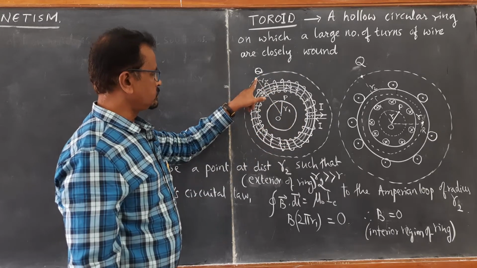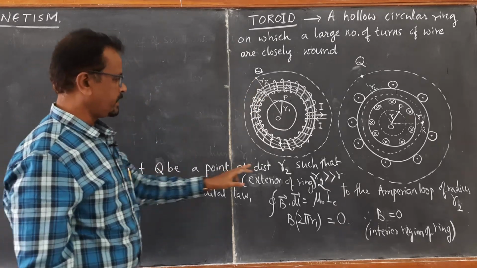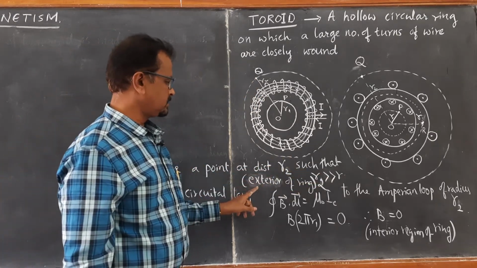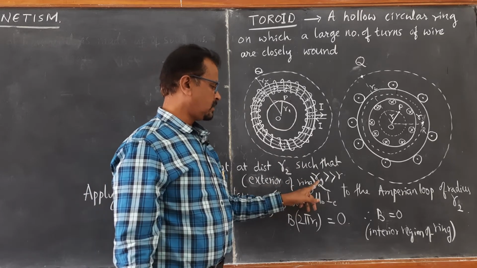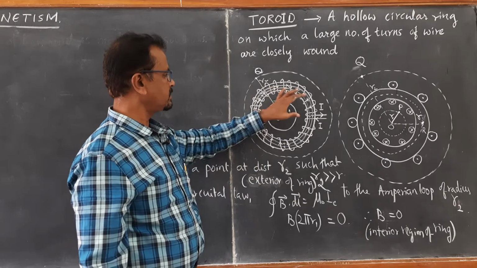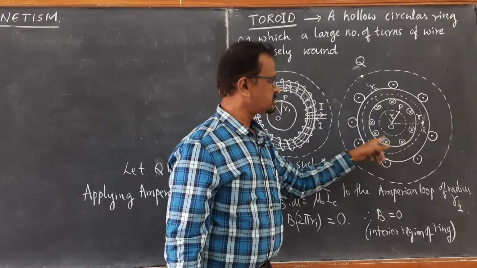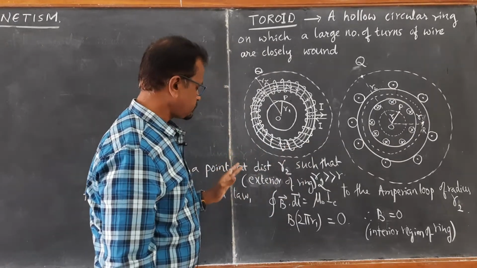So, Q is the point at a distance r2 in the exterior of the ring, such that r2 is very much greater than the average radius of this ring.